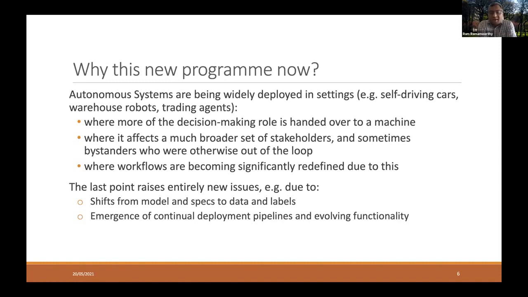On a more technical side, what has begun to happen more recently, even in comparison to maybe 20 years ago, with the kind of AI systems we had, is that we are seeing crucial shifts, such as from models and specifications to data and labels. Even just the process by which one talks about specifying what a system ought to do has completely changed.